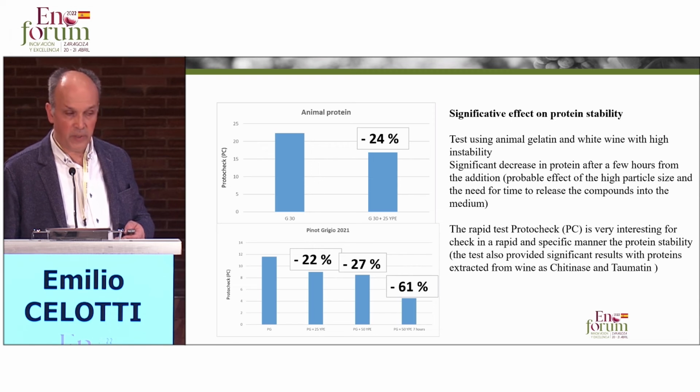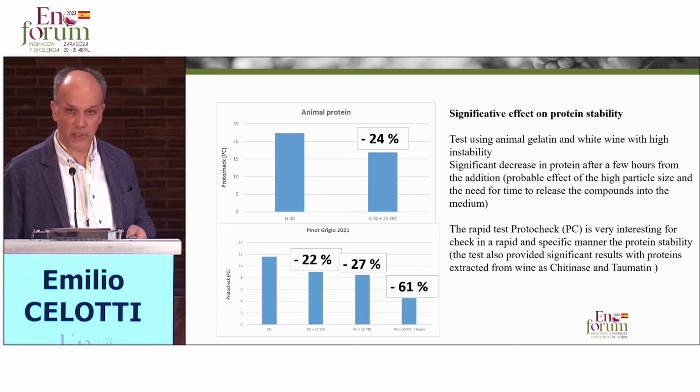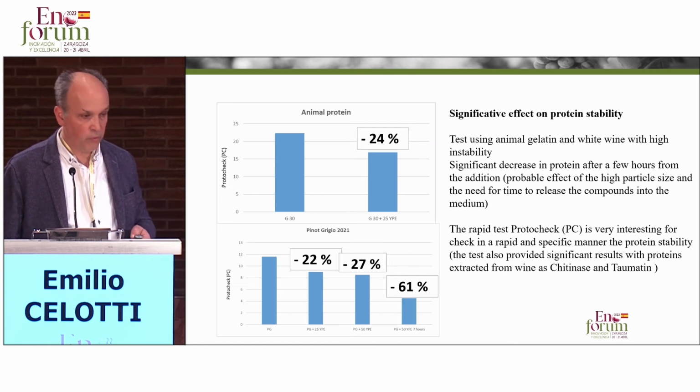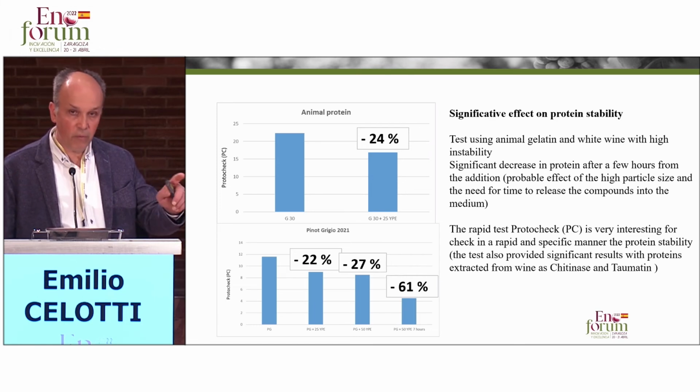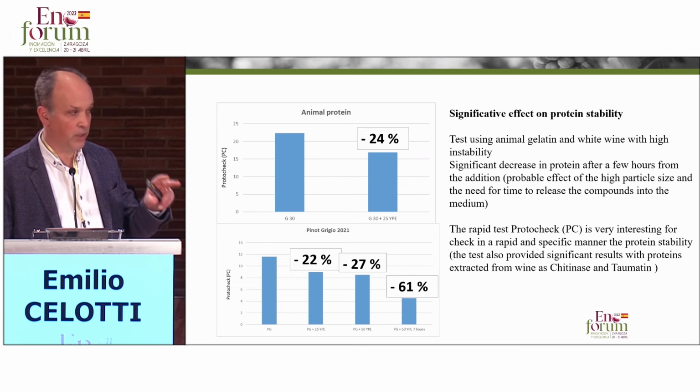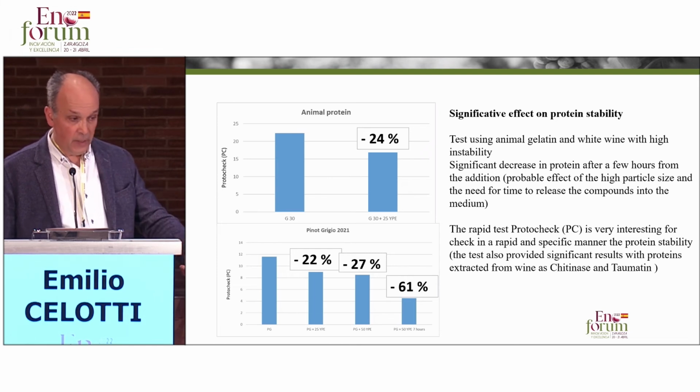Here we see the comparison with an animal protein. We eliminated 24%. We have a wine, Pinot Grigio, that is very unstable, and we eliminated up to 61% of proteins. We did this with a test of protein stability based on the electrical charges, and we specified the positive charges.